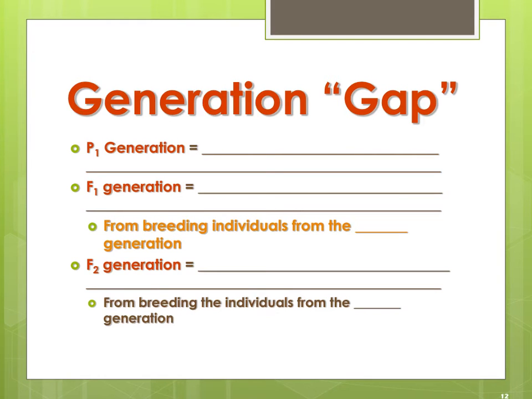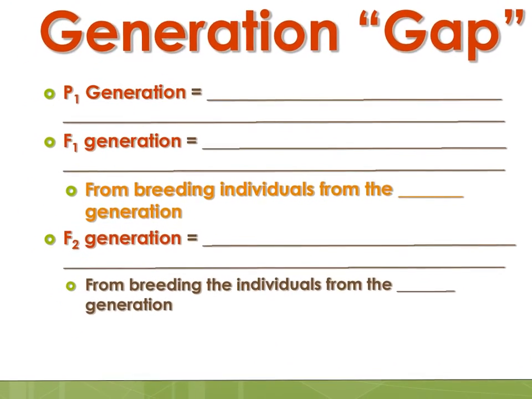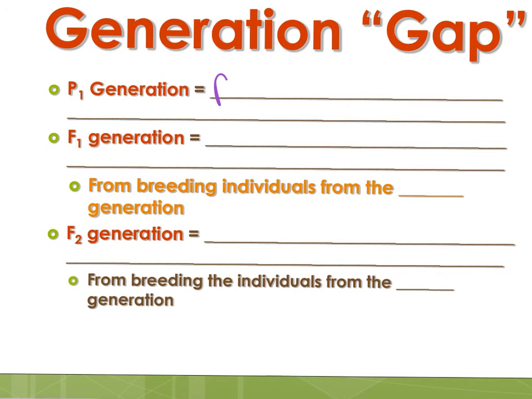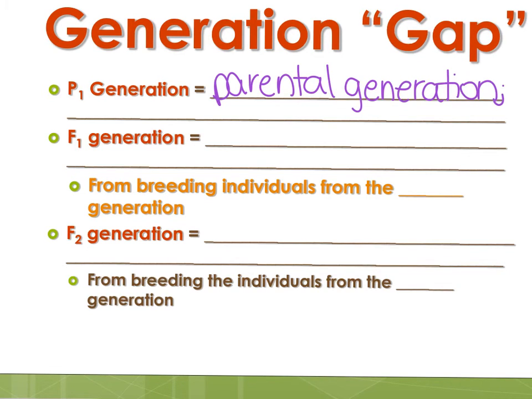So what is the P1 generation? What did that mean? This is the parental generation. What is their genotype always? They're going to be homozygous for contrasting traits. What does that mean?